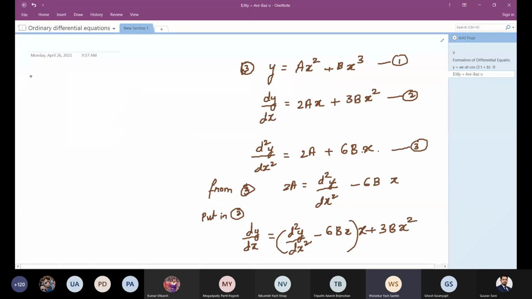Then x d2y by dx square minus dy by dx, whole divided by 3x square.